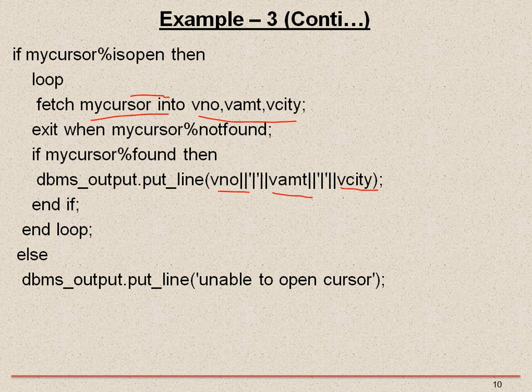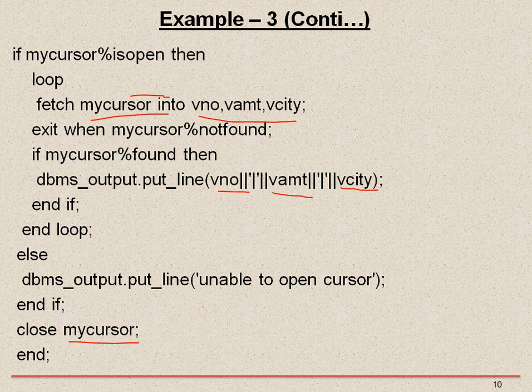So it will not open the cursor in certain conditions and will just display unable to open cursor. Then the condition termination, and last is closing the cursor. Just close this cursor. Okay, and the program termination is over.